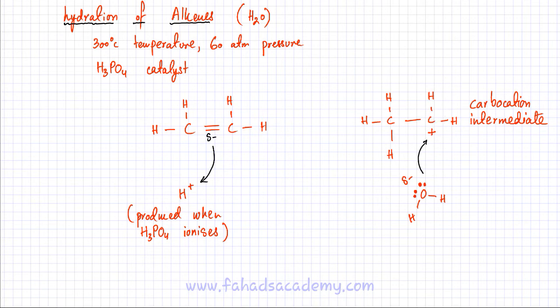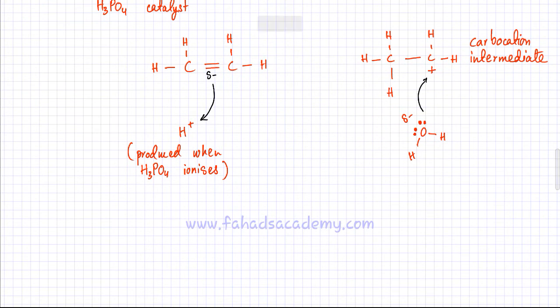The resulting product has carbon and hydrogen, with one hydrogen already bonded from the acid, and one of the lone pairs from the water molecule would be attracted and bond with the carbon atom. This oxygen is going to get a positive charge because the lone pairs on oxygen are now being shared with carbon.